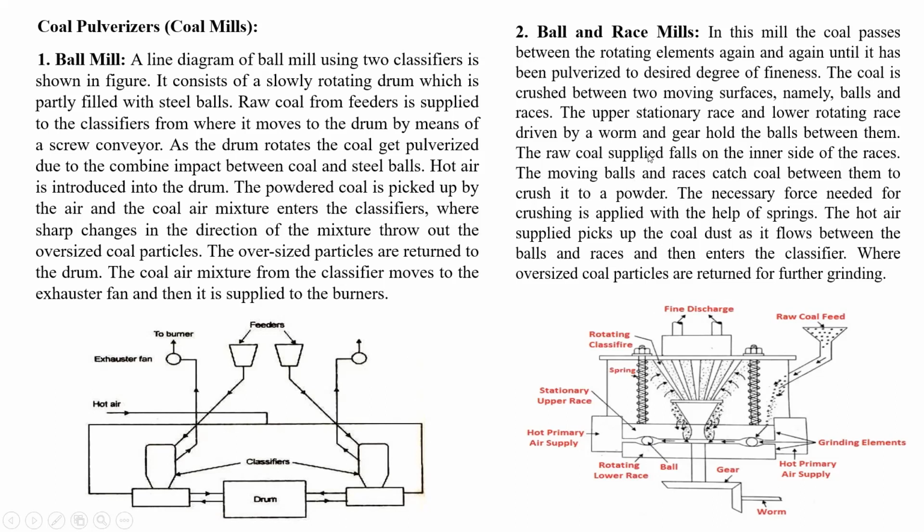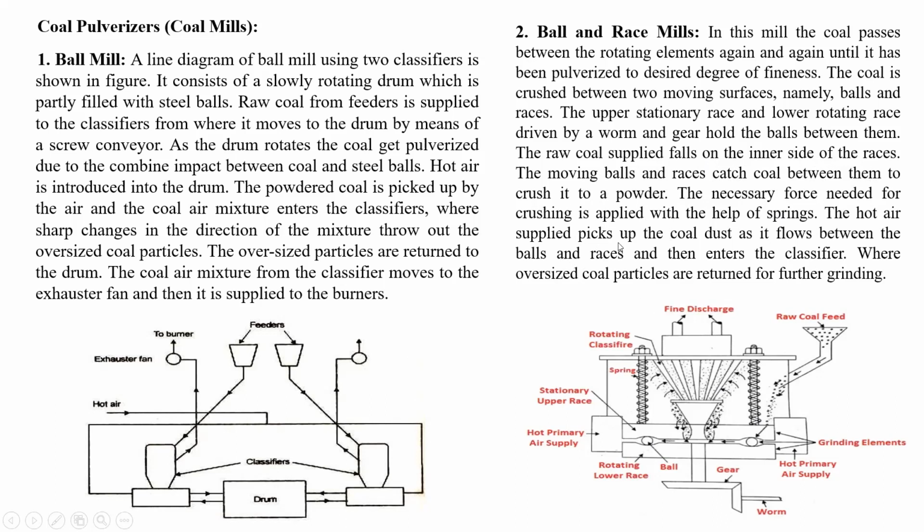The raw coal supplied falls directly on the inner side of the races. The moving balls and races catch the coal between them and crush it into a powder. The necessary force needed for crushing is applied with the help of springs. So you can adjust the springs so that the necessary crushing can be achieved between the races and balls.